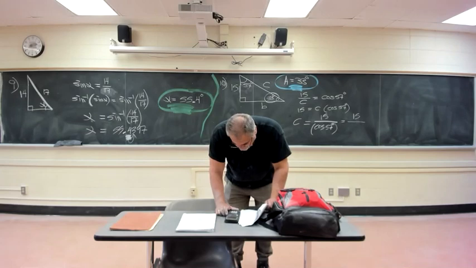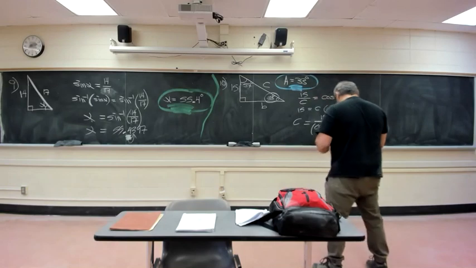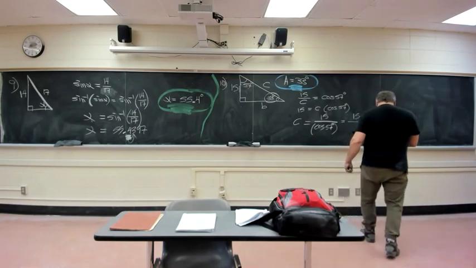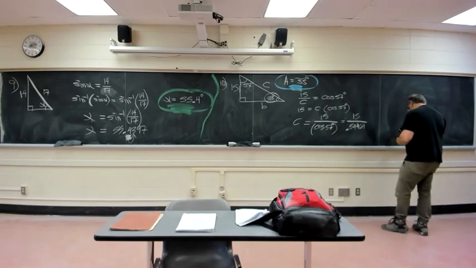Let's have a look here. Let's go cosine 57 degrees first. 0.5446. That divided by that.